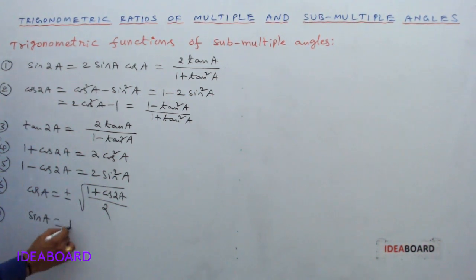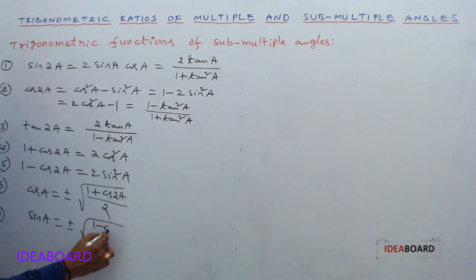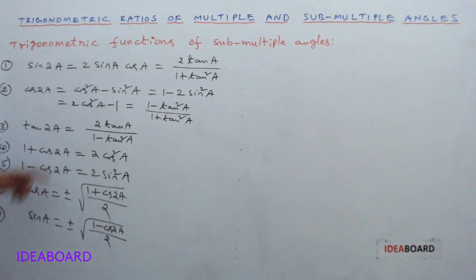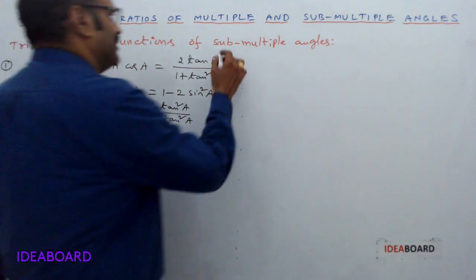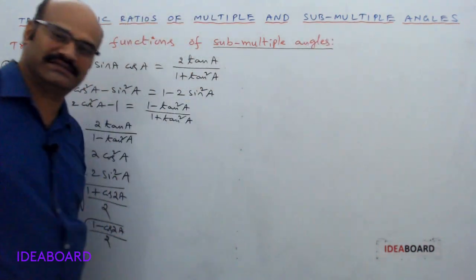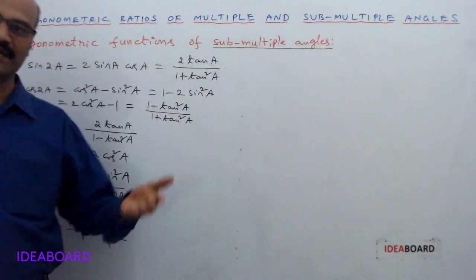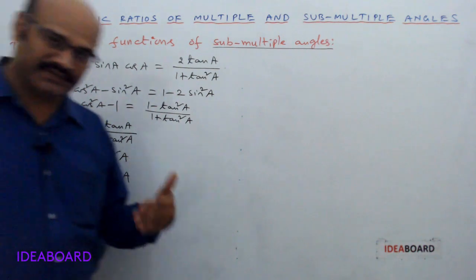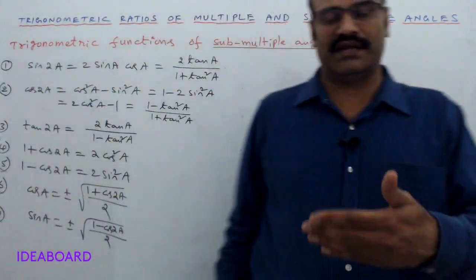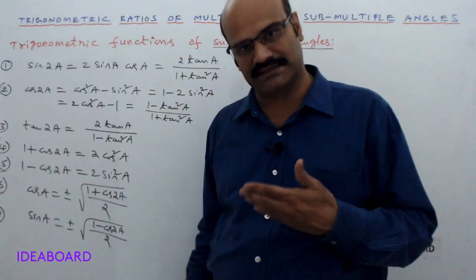Sin A equal to plus or minus square root of (1 minus cos 2A) by 2. These are the 7 formulae we have proved. Now we have to get trigonometric functions of submultiple angles. Submultiple angles means A by 2, 2A by 3, A by 4, 3A by 4 are submultiple angles.